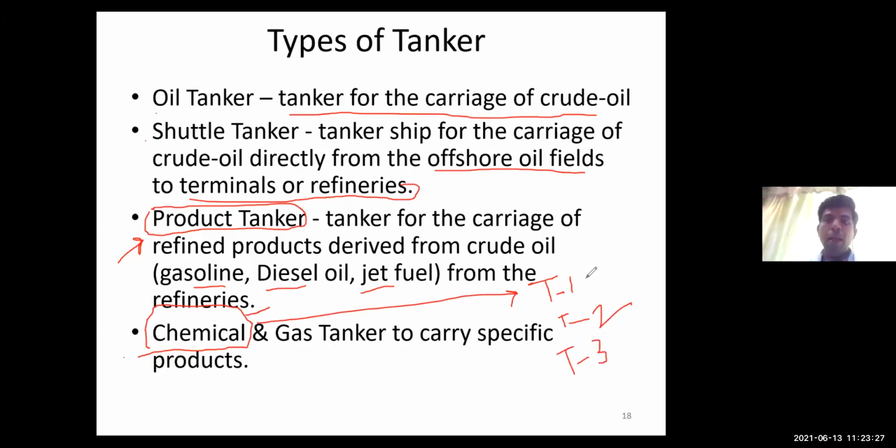Now these T1, T2, T3, type 1, type 2, type 3 have special construction requirements, gentlemen. There are certain products which can be carried only in a T1, type 1. They cannot be carried in T2 and T3. I'll give you a typical example: concentrated hydrochloric acid.